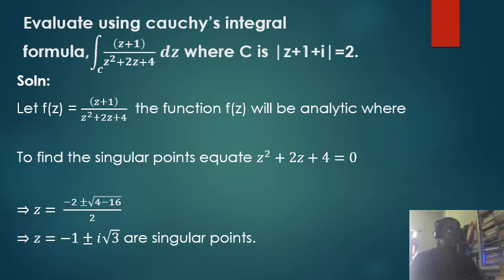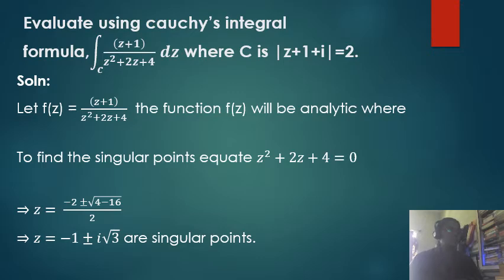So substituting in the formula, we get z equal to minus 2 plus or minus root of b square, so 4 minus 4 into a is 1, c is 4, so 4 into 4, 16. So simplifying, we get z equal to minus 1 plus or minus i into root 3, because minus 16 plus 4 will become minus 12, and minus 12 can be written as 4 into 3.